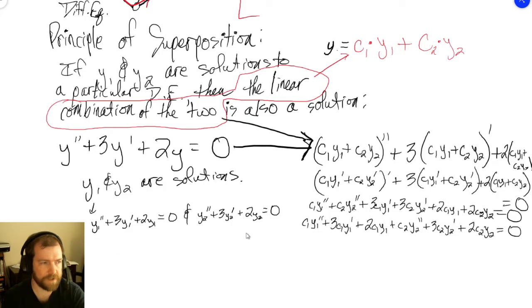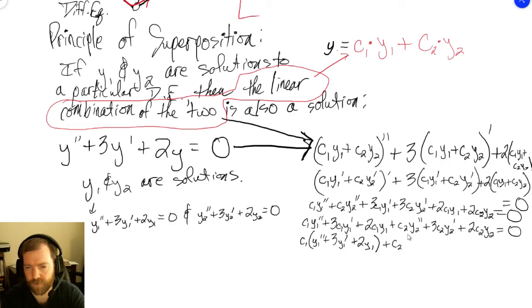If that doesn't look enough like these for you, we can also factor out a c1 from the first set and leave y1 double prime plus 3y1 prime plus 2y1, plus factor out c2 from the other one, y2 double prime plus 3y2 prime plus 2y2, equals 0.